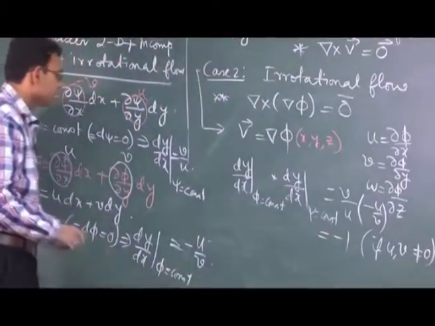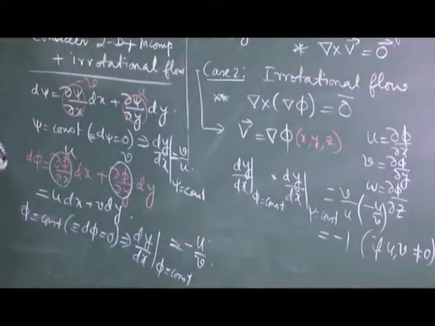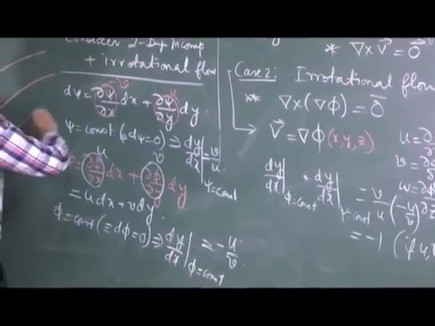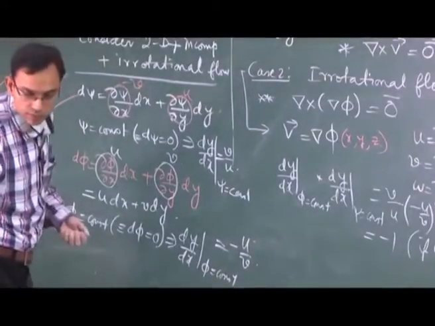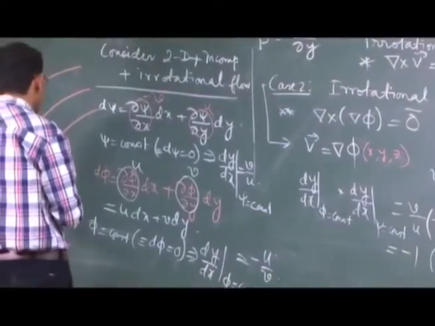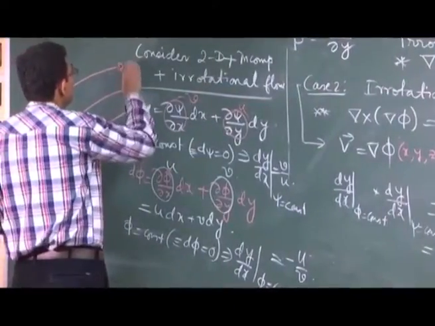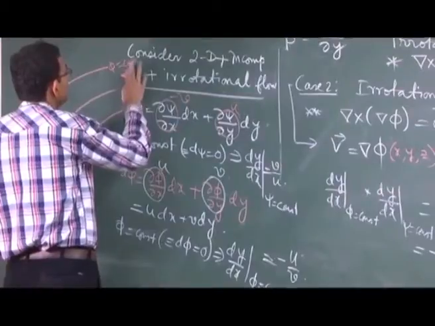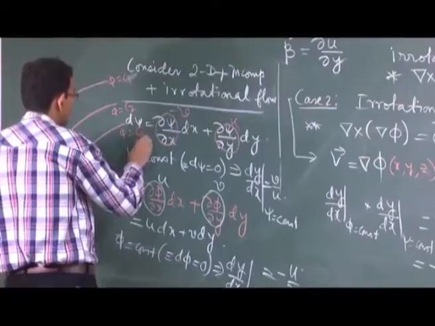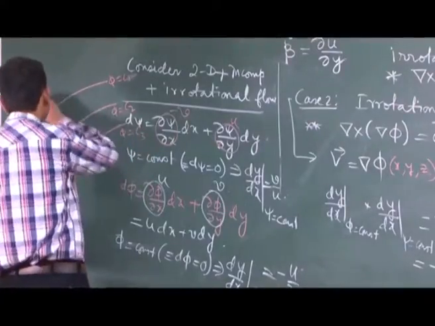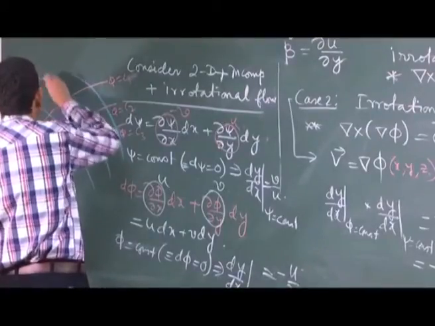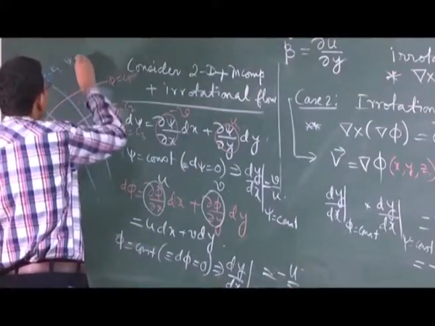What does it mean? So, if you have phi equal to constant lines, say phi equal to C1, phi equal to C2, phi equal to C3, and let us say these are psi equal to constant lines, psi equal to k1, psi equal to k2, psi equal to k3.